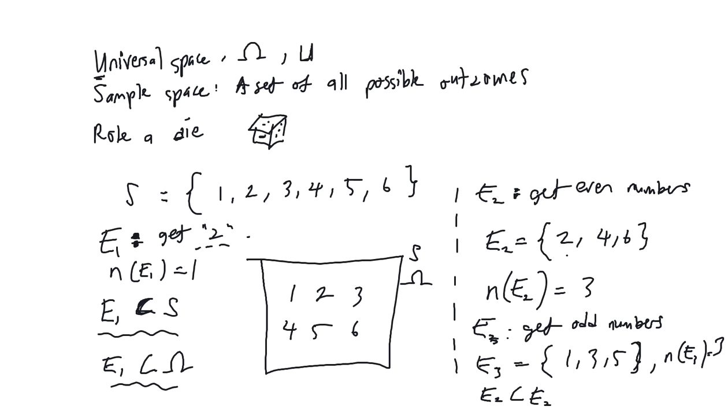Okay, so in the Venn diagram, this element is event number 1. Number 2 is event number 1, right? That is E1.